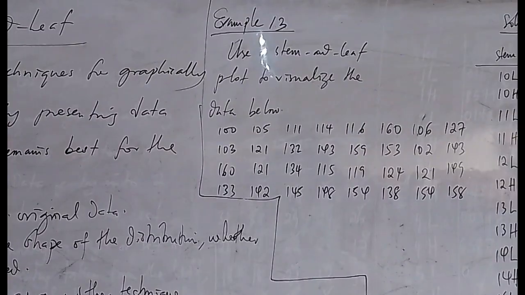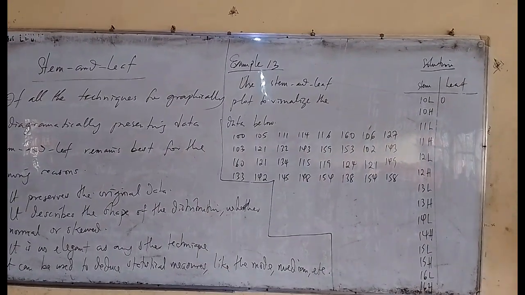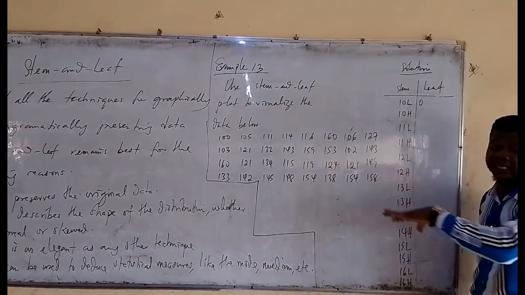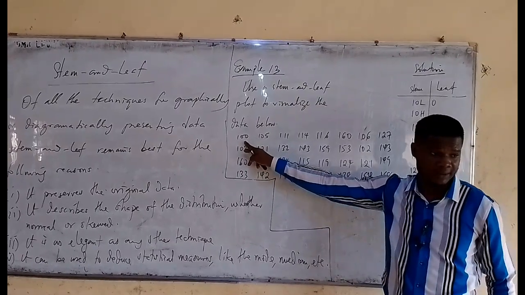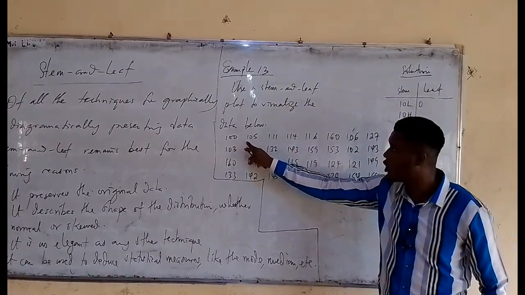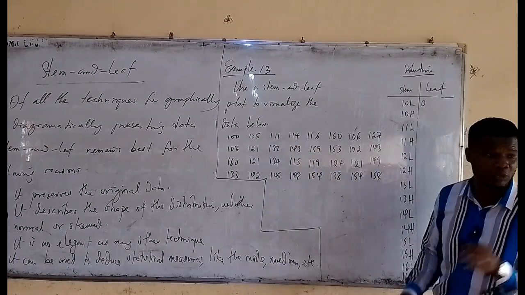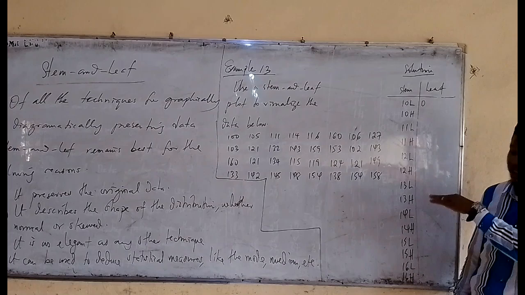So now I hope everybody followed what I did here. Looking at the data, my data is in hundreds. You see it? 100, 105, 111, 114. So what I'm doing now, I'm taking the first two digits, grouping using the first two digits.